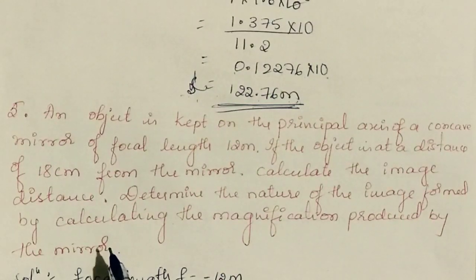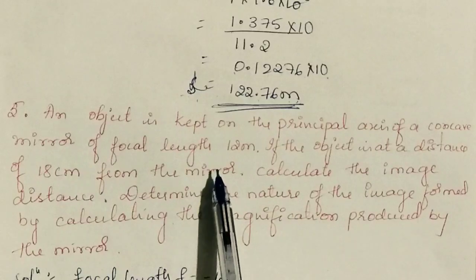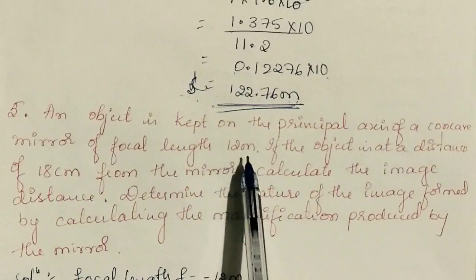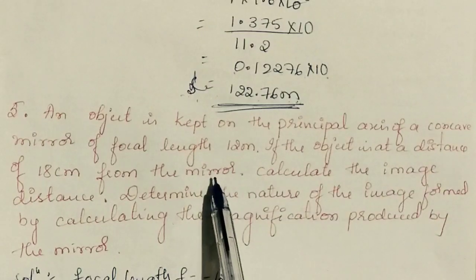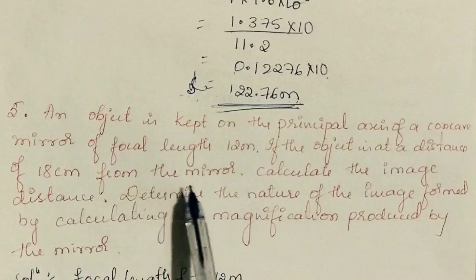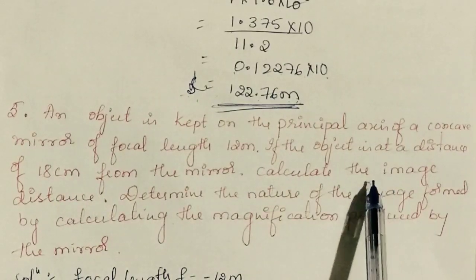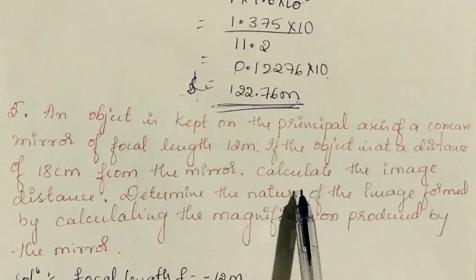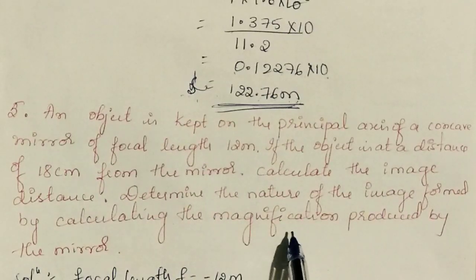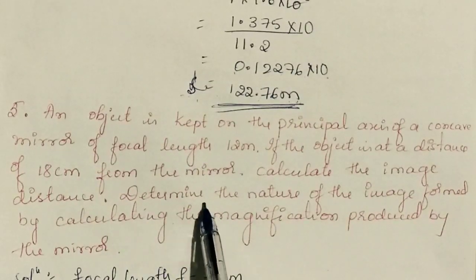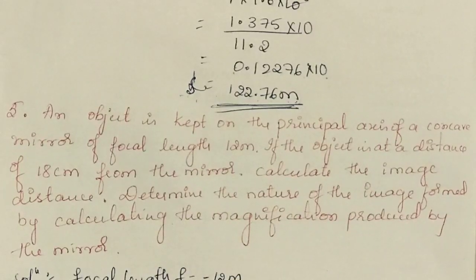Understand the question: they have given the focal length and also the object distance from the mirror, 18 centimeter. We should calculate the image distance, and along with that find the magnification produced by the mirror, and write the nature of the image.